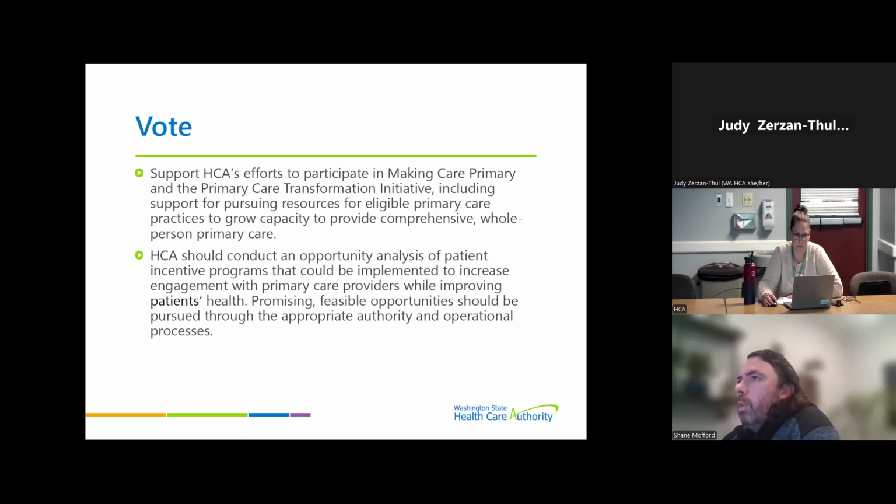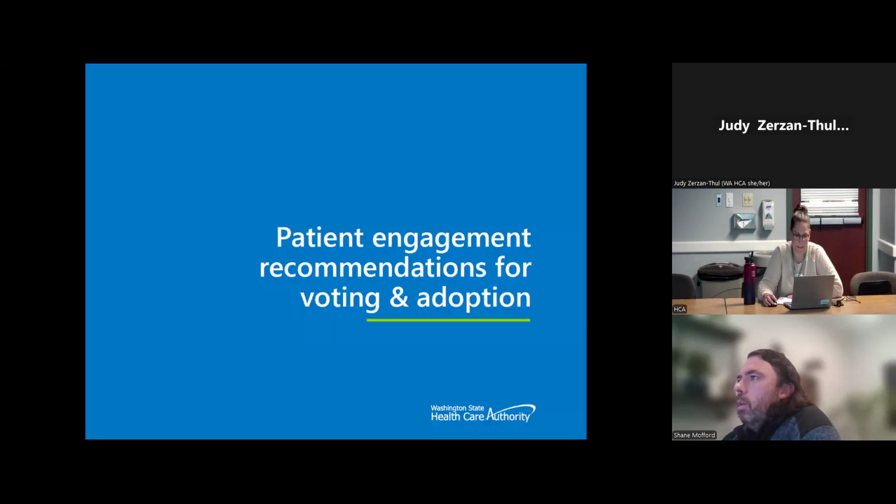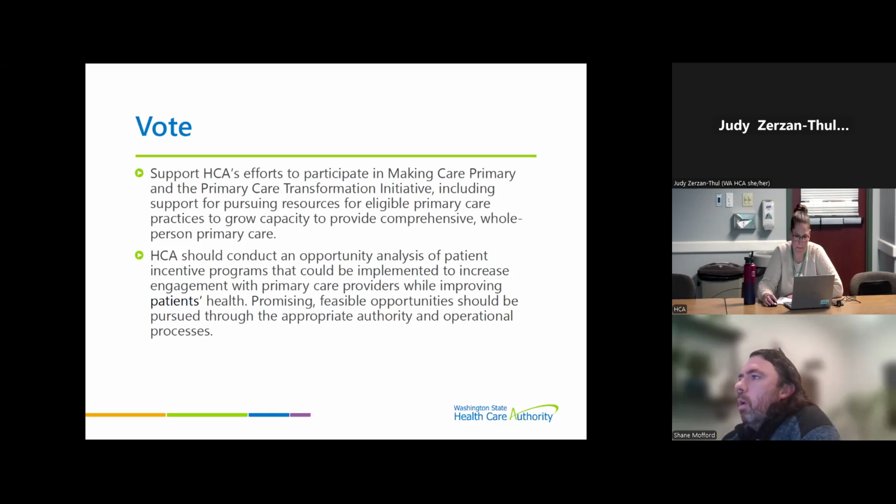Okay, so this says vote, but this is really thinking through what options you want to have at the table for the vote in June. So what we've tried to do here is to tee up a couple of areas under patient engagement. So based off of some of the high level context today and some of the more specific examples that you've heard in other presentations or will hear, things that could be actionable by the committee.